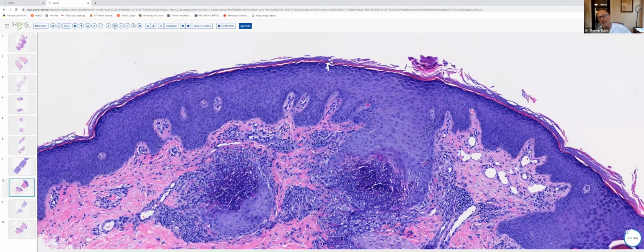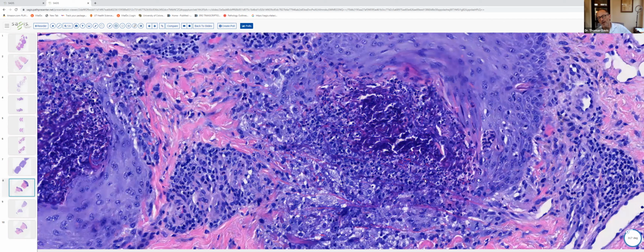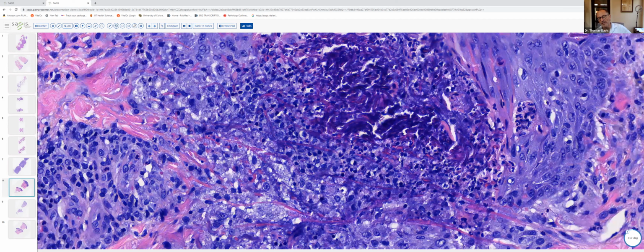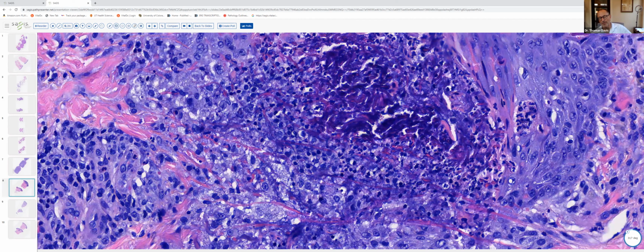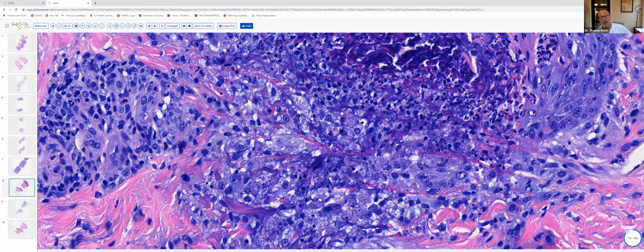And if we look beneath that invagination, we begin to see a mixture of inflammatory cells. There are neutrophils, and a little bit of neutrophilic nuclear debris, maybe some degenerated collagen. But what's quite striking is we see these bulky, refractile, eosinophilic fibers, which are hyperplastic.